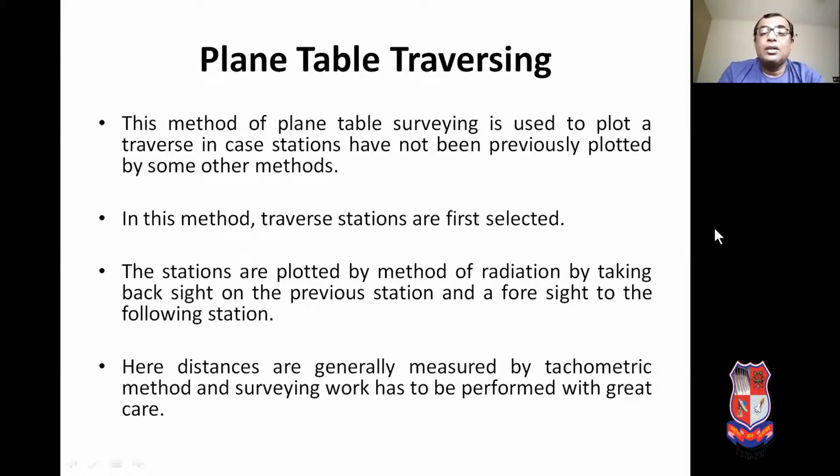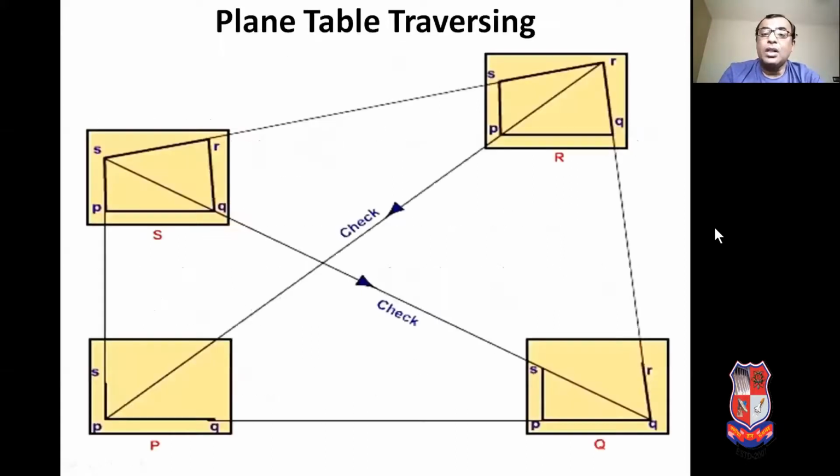The stations are plotted by the method of radiation by taking a backsight on the previous station and a foresight on the following station. Here, distances are generally measured by the tachymetric method, and the surveying work has to be performed with great care and accuracy. This is the figure of the method of traversing.